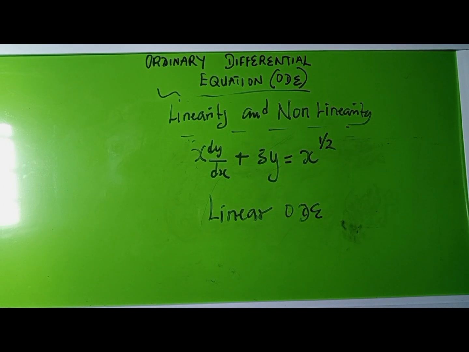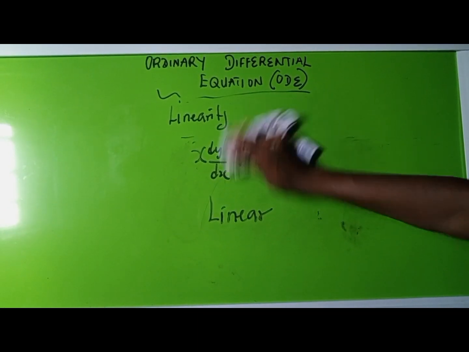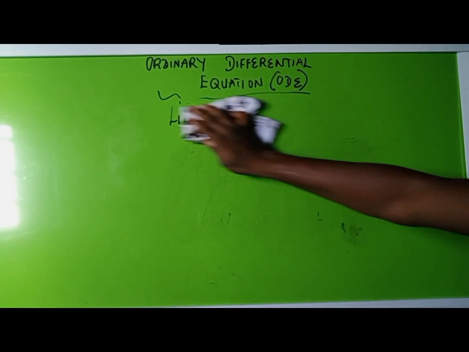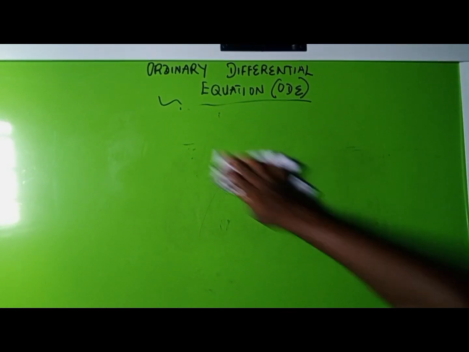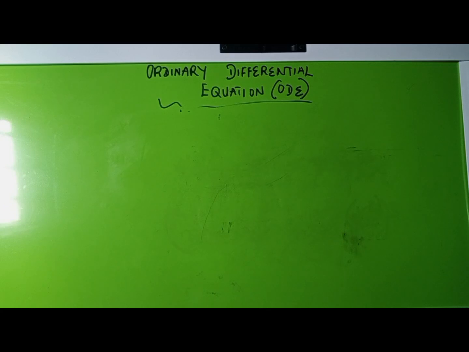Now, since we've known what a dependent variable, an independent variable, an order, a linear equation, and a non-linear equation are in ordinary differential equations, now let's put them all into practice.